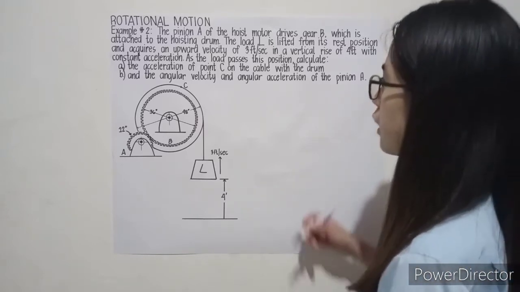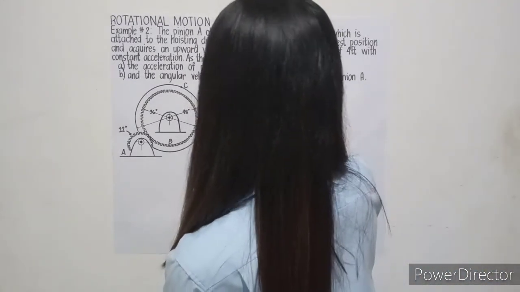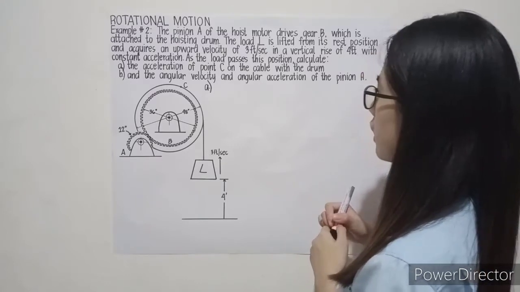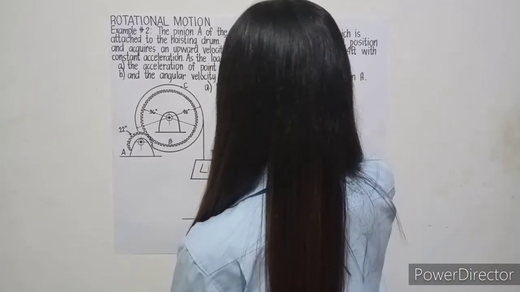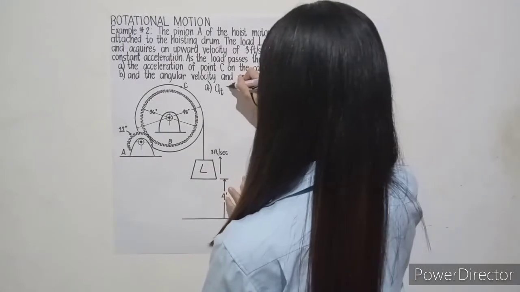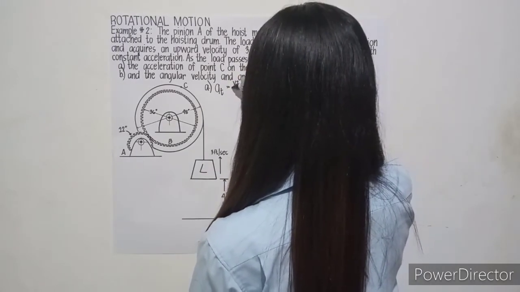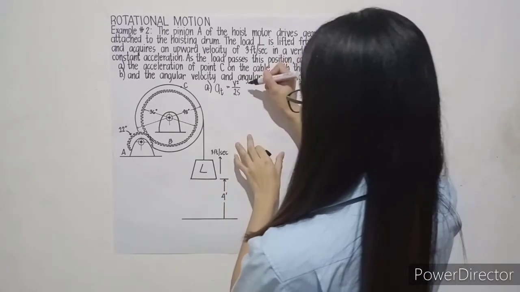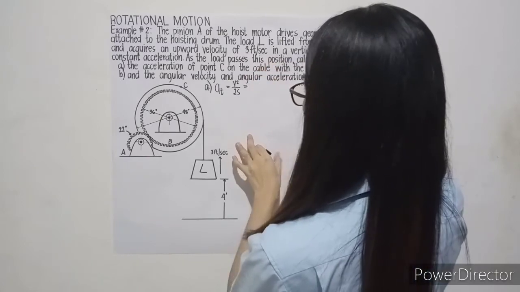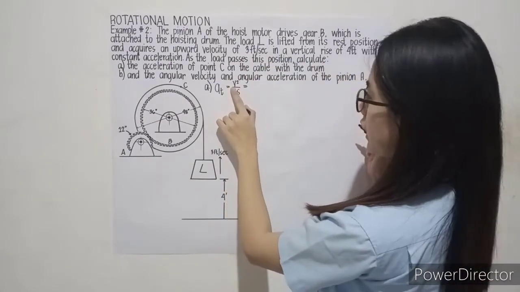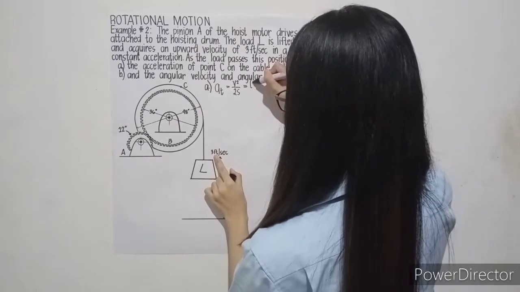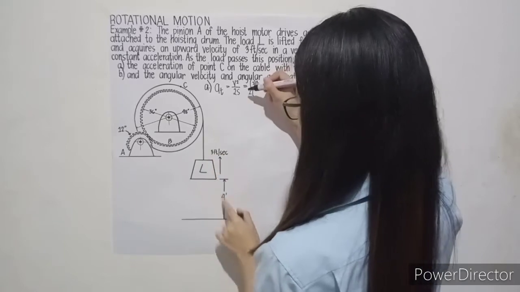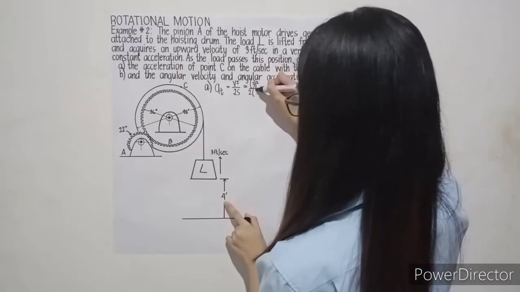So for letter A, to calculate the acceleration of point C, first we calculate the tangential acceleration. So we have v squared over 2s, where v is the velocity, equals 3 feet per second squared over 2, and s is 4 feet.